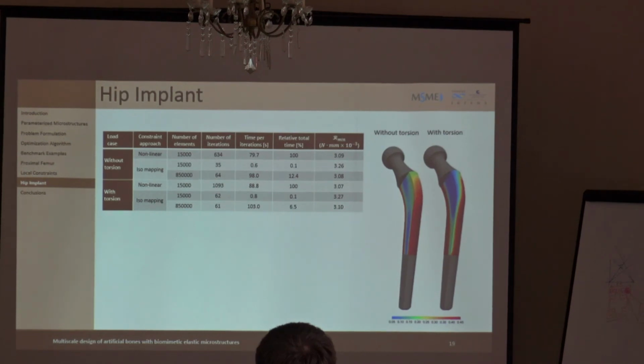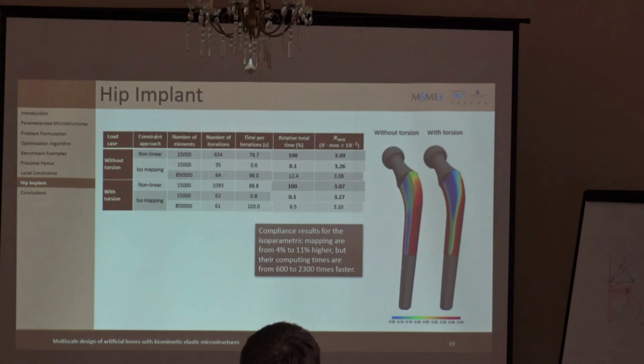For this model, if we compare the results obtained only with the coarse mesh, we find that the compliance results are higher with the isoparametric mapping approach, but it performs between 600 and 2,000 times faster than the nonlinear approach.